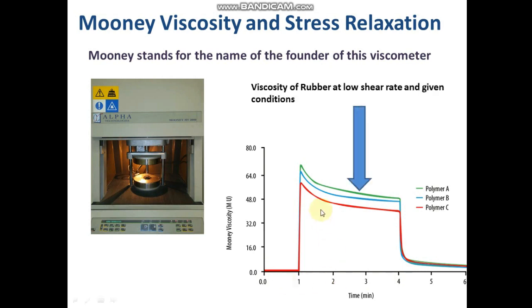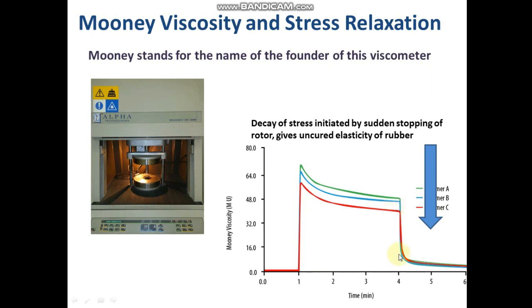From this region of the graph we can determine the viscosity of our rubber sample. Then from this part of the curve we can take the stress relaxation properties, meaning the uncured rubber elasticity.